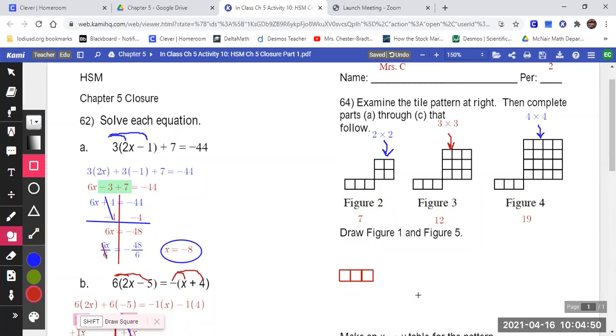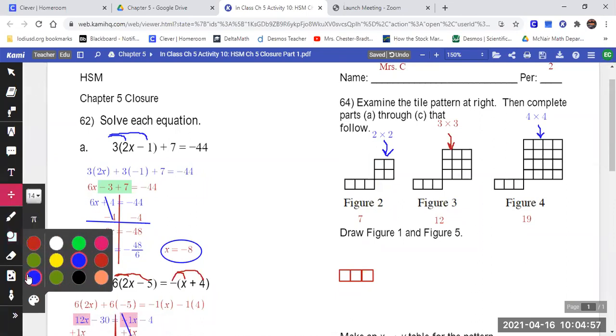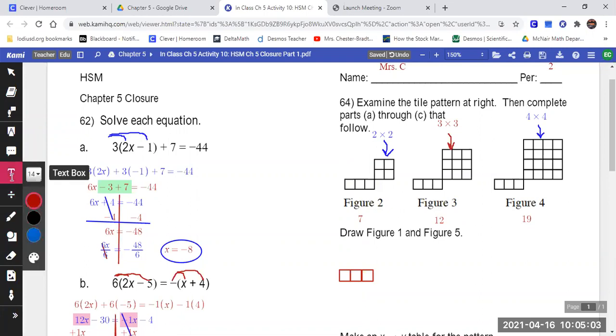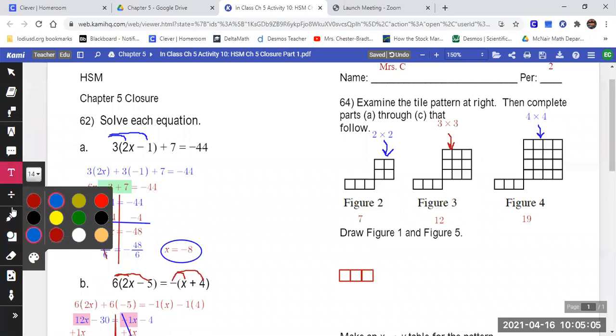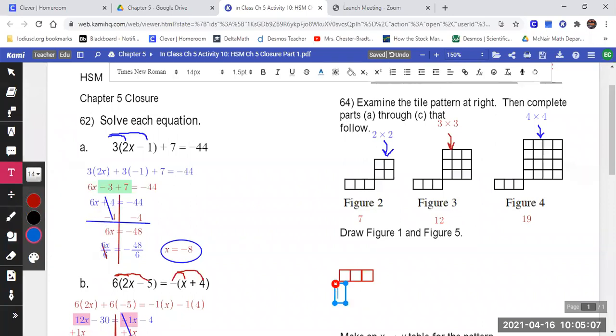Okay, so if this is figure 1, let's label it. Figure 1, right?